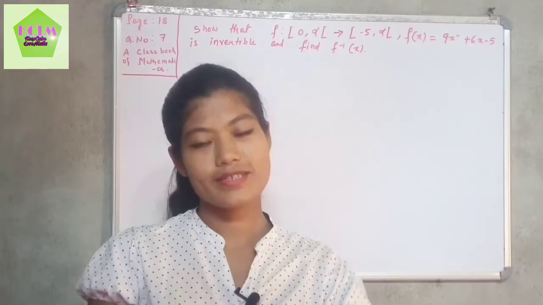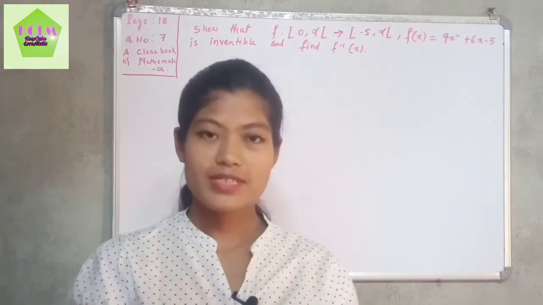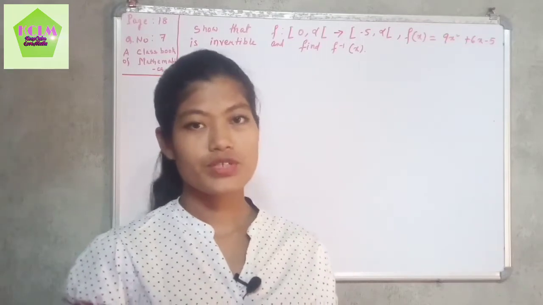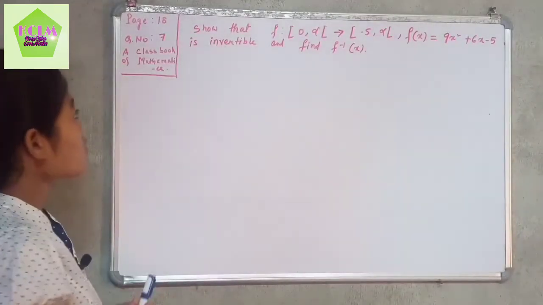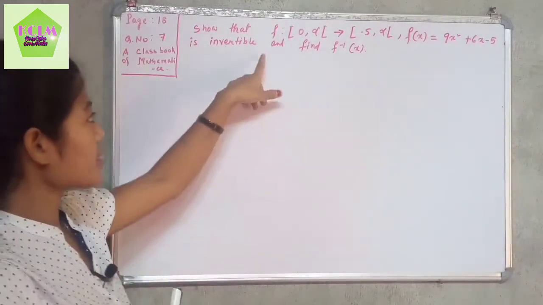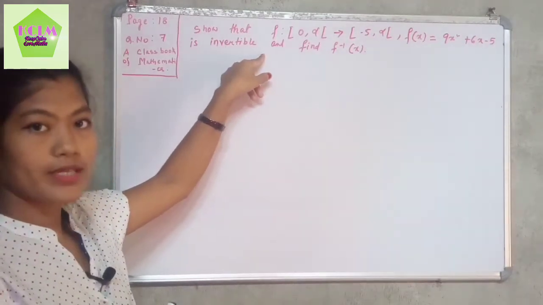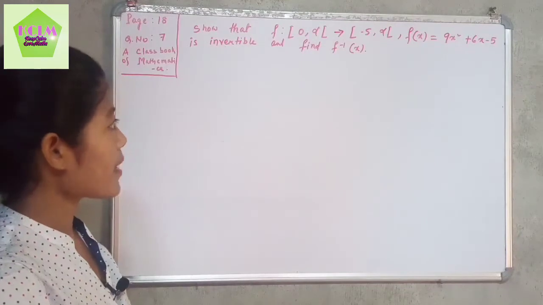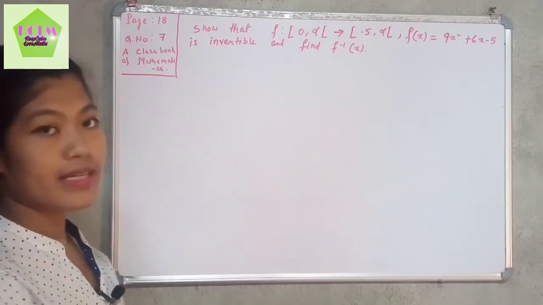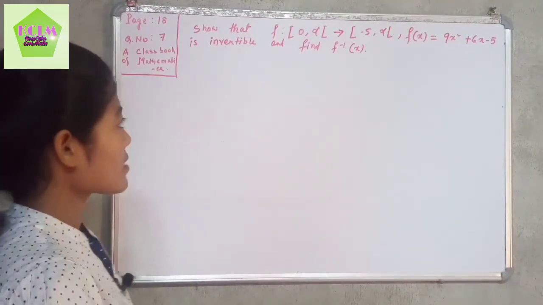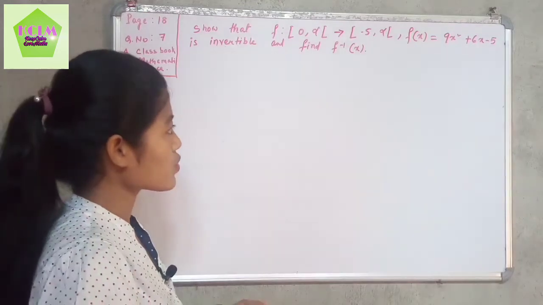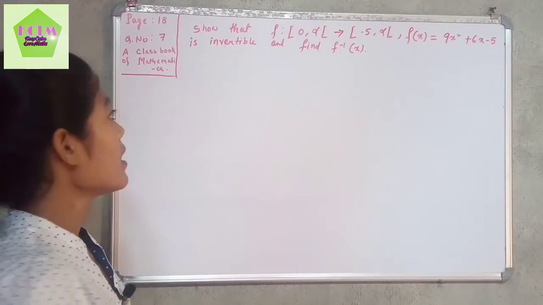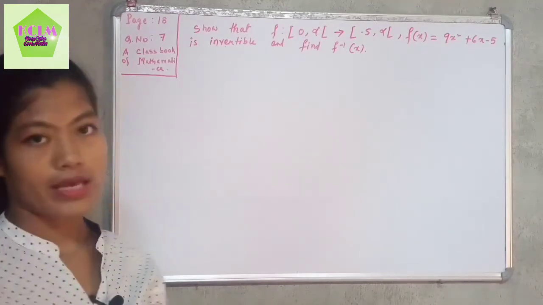So today we will discuss question number 7 and 8 from the book A Classbook of Mathematics. The first question is: if f is a function from the closed-open interval 0 to infinity to the interval minus 5 to infinity, defined as f of x equal 9x square plus 6x minus 5, show that it is invertible and find f inverse of x.